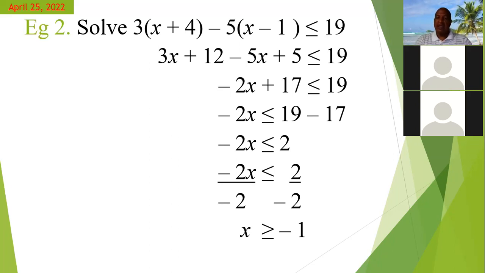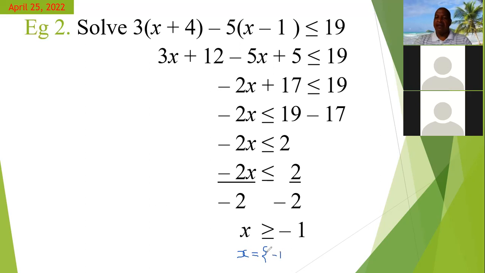So what it means is the actual values for x will be a range of values, not one value, but a set of values. If it is equal to -1, it means -1 is included in the set.